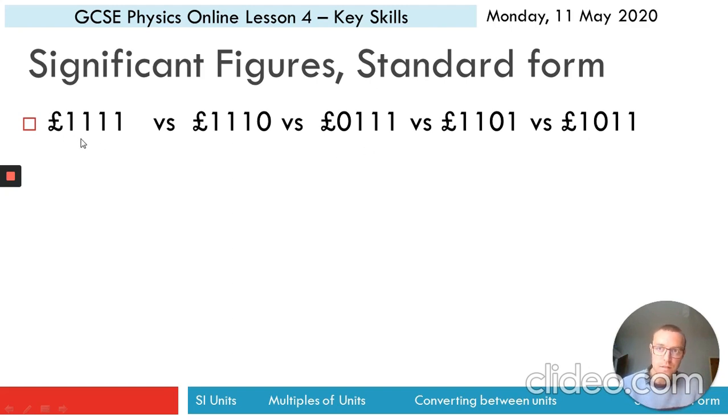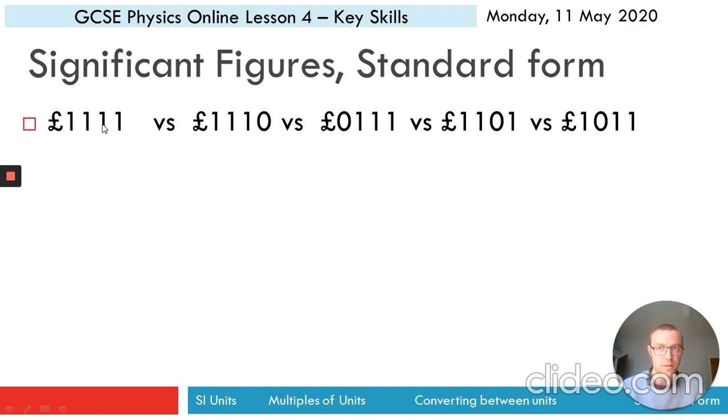It tells us that the digit to the furthest left of a number is the most significant. If I replace this digit with a 0, then I'm removing £1,000. If I replace this digit with a 0, I'm only removing £100.